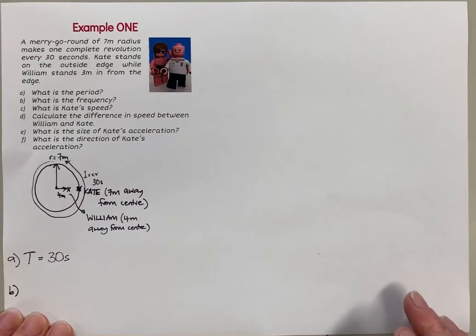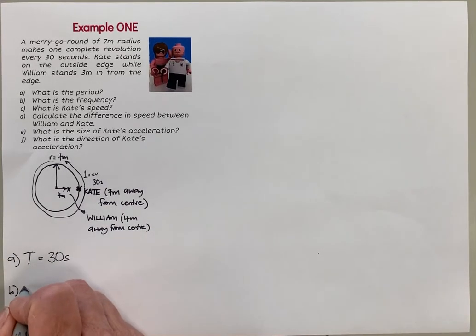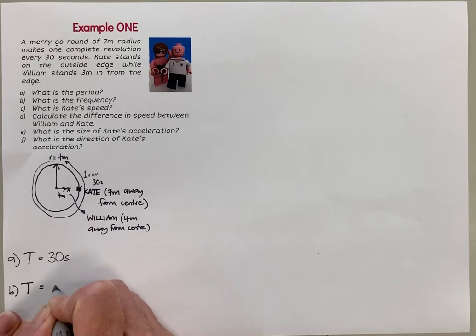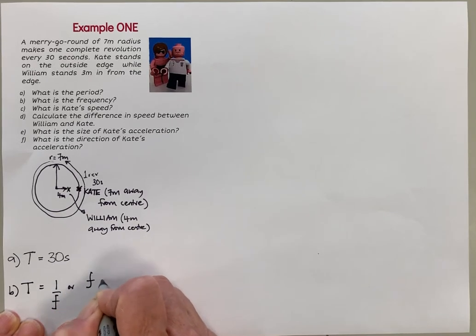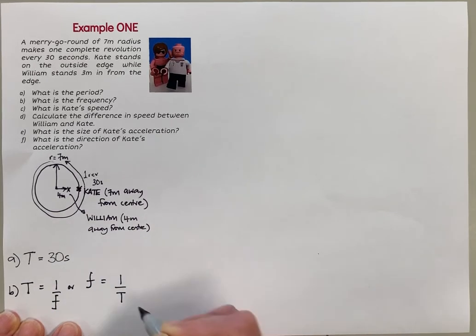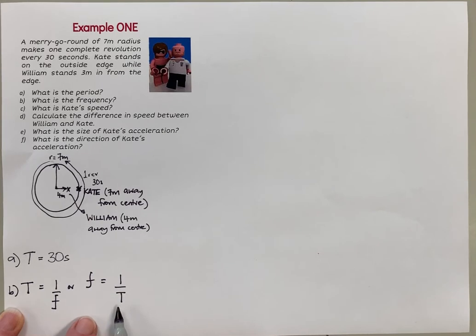Question B, it then asks for the frequency. The frequency and the period are related because period is 1 over the frequency, or frequency is 1 over the period. So frequency is how many turns in 1 second, period, how long for one complete revolution.